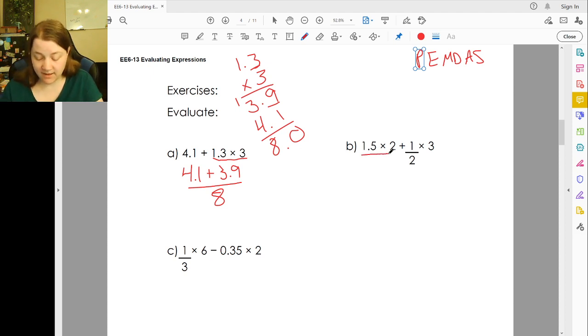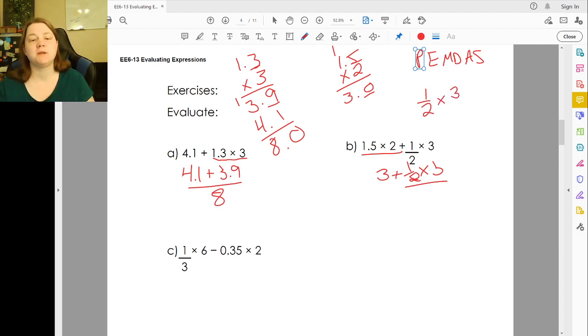So 1 5/10 times 2 is 1.5 times 2. 2 times 5 is 10. That would be just 3. Plus 1/2 times 3. Now we have this 1/2 times 3. So I'm going to multiply 1/2 times 3, except 3 is a whole number. I need it to be a fraction. So it's going to be 1/2 times 3/1.